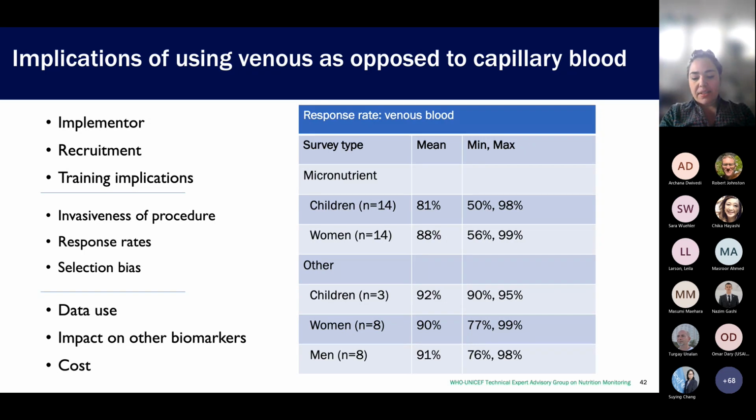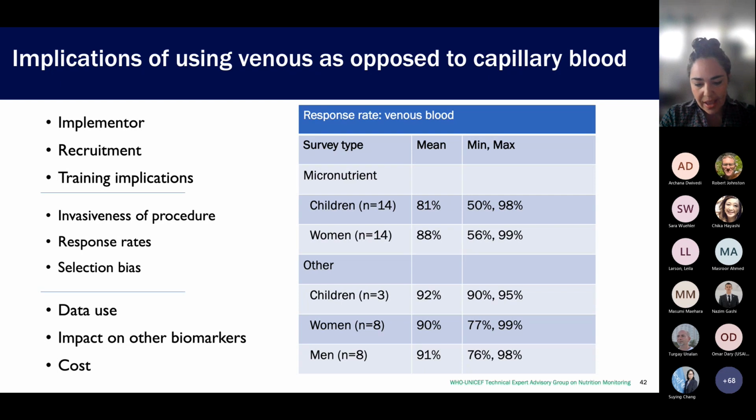And this may also have unintended consequences of resentment within the survey data collection team if phlebotomist salaries are higher than other team members. It also takes a little bit longer to measure venous blood than it does to measure capillary blood, and this potentially may require more time in the field.